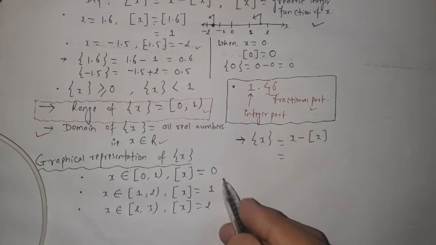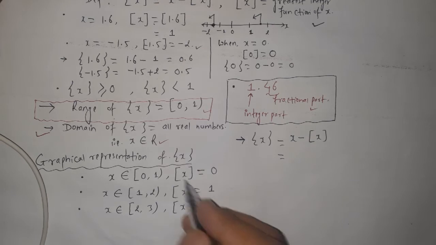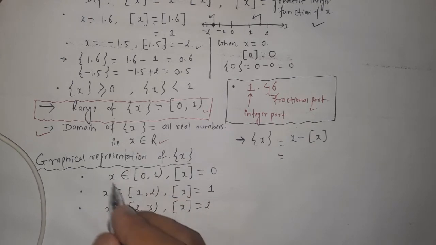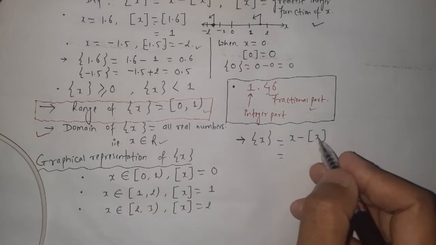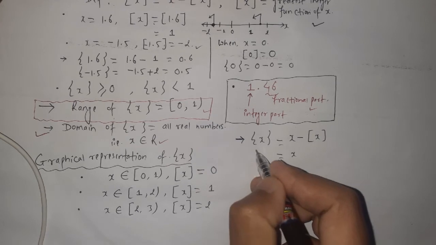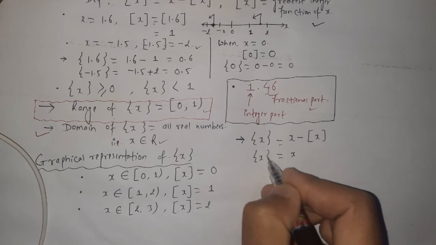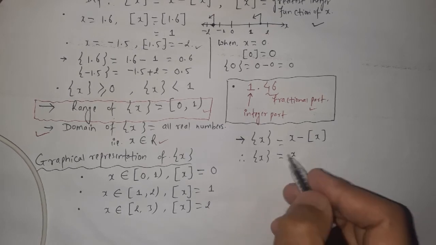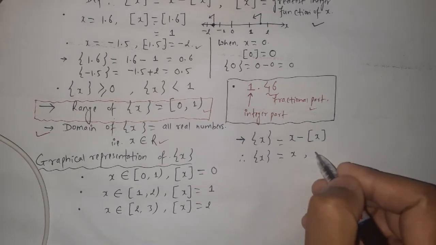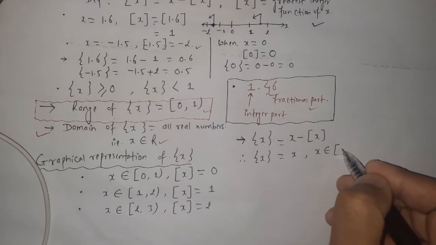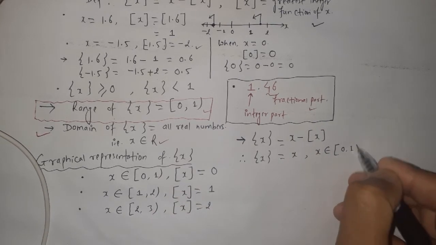Let's substitute the value. When x belongs in the interval from 0 to less than 1, the greatest integer function is 0. Therefore the fractional part function of x is calculated as x, and it is only valid when x belongs in the interval from 0 to less than 1.